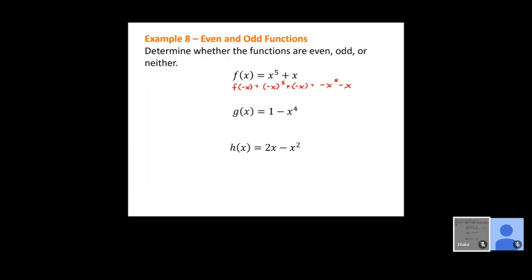We ended up with a negative x to the fifth and a negative x. That's the opposite of what we started with. And so we can say that this function here is odd. And if you really wanted to, you could factor out the negative and say this is negative x to the fifth plus x, right? So you can really see there that that is the opposite of x to the fifth plus x. Any questions on that one now?